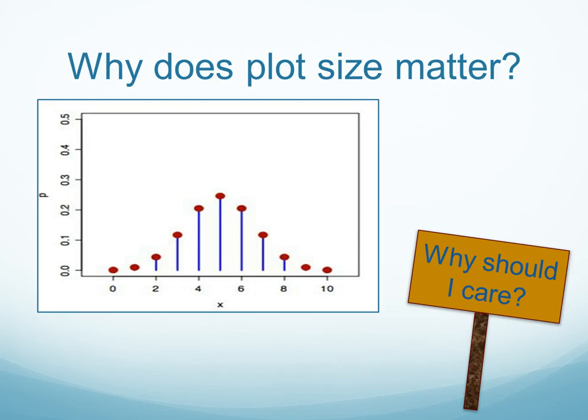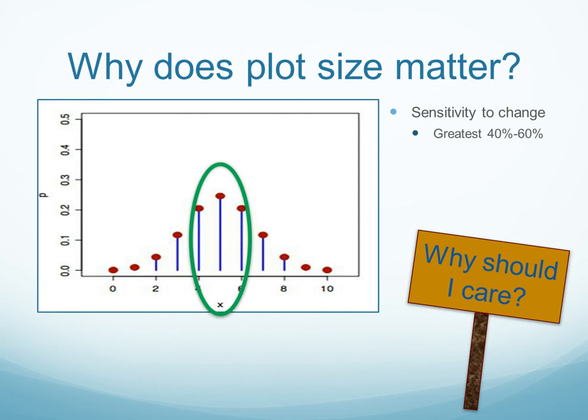Basically it's because frequency data are different from the data that we've seen before because they are discrete. They're simply presence, absence, they're binomial data. And so they follow a binomial distribution. Therefore, in order to have sensitivity to change of the vegetation, we have the greatest sensitivity when frequency estimates are between 40 to 60%.